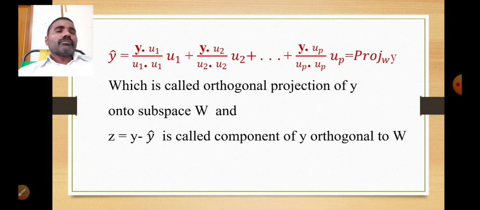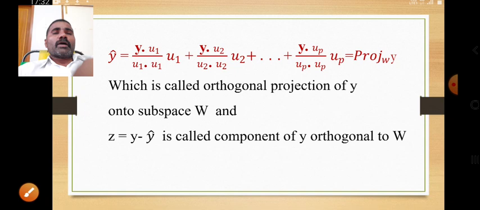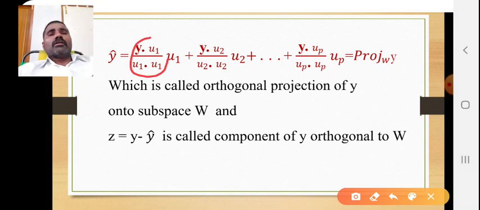Here W is a subspace spanned by the vectors u1, u2, u3. That's why y cap is a linear combination of u1, u2, up. In the earlier case, y cap was alpha u, where alpha is nothing but y dot u by u dot u.